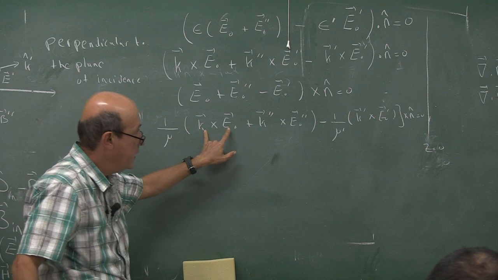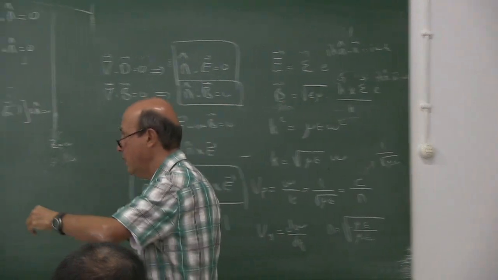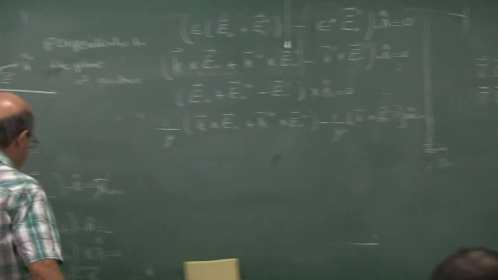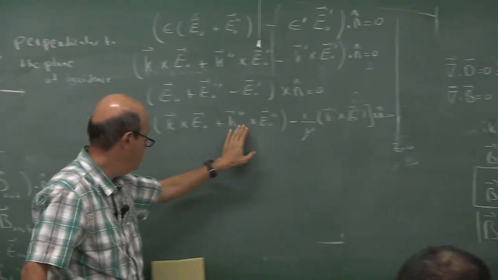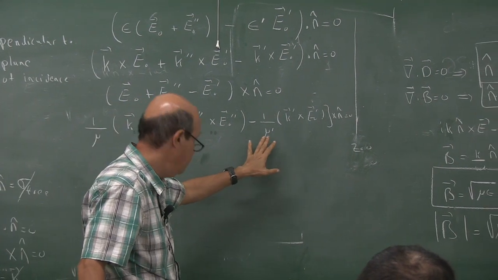So this is K E0, that term. This ratio is frequency, which is the same everywhere, divided by mu for the region incident and for the region reflected. For the refracted region, mu is mu prime.